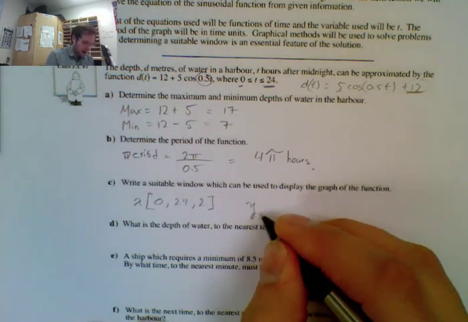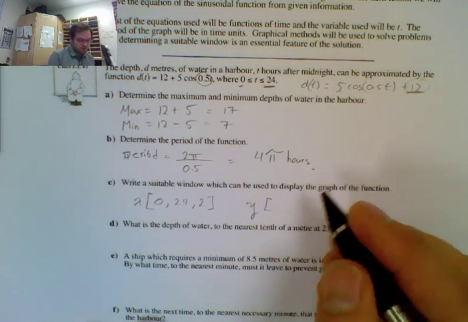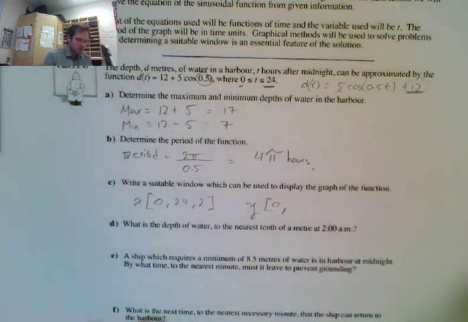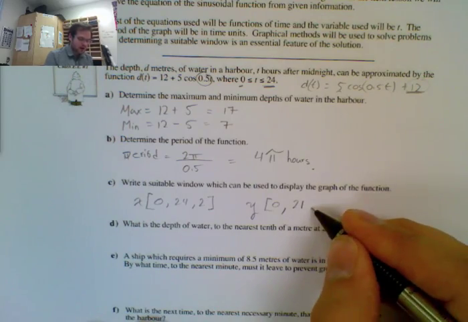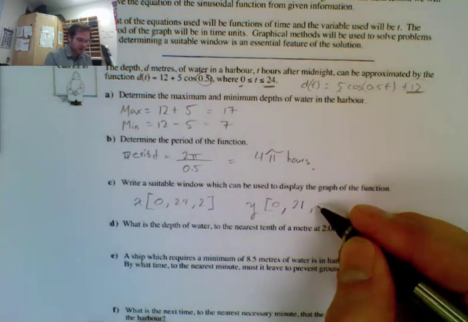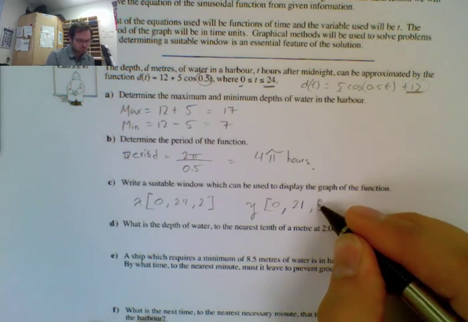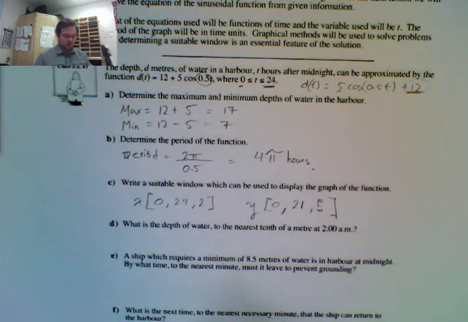Now for my y, my minimum is going to be 0, so no depth. I'm going to put my max at 20 or even 21. And then my scale here is going to be 5 meters. We could even put 2, doesn't really matter. Okay? You could have many other options there.